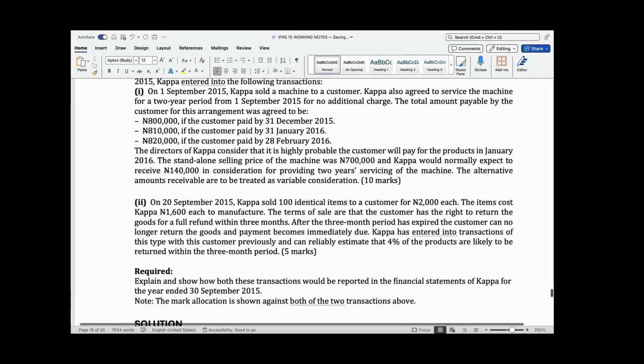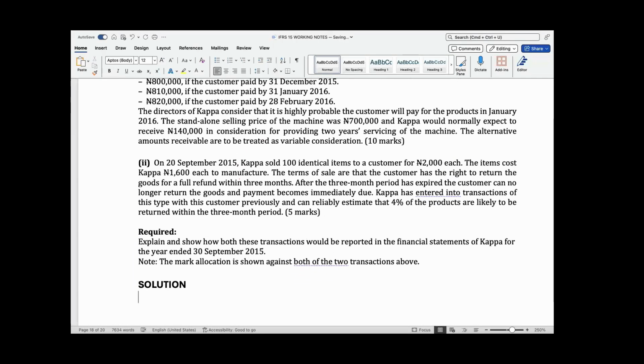So the consideration expected is 810,000.